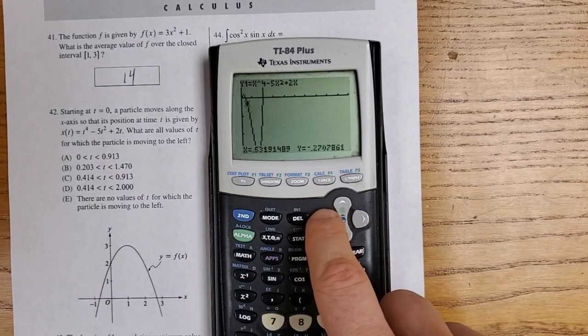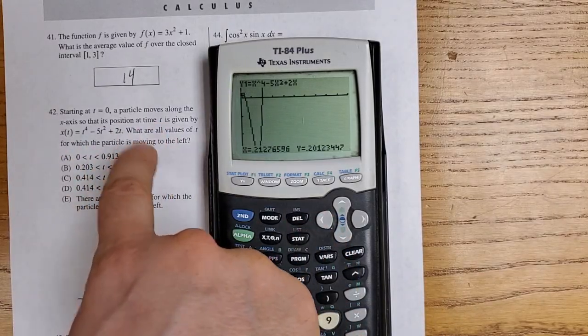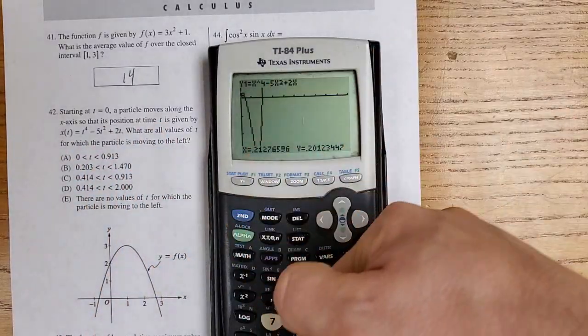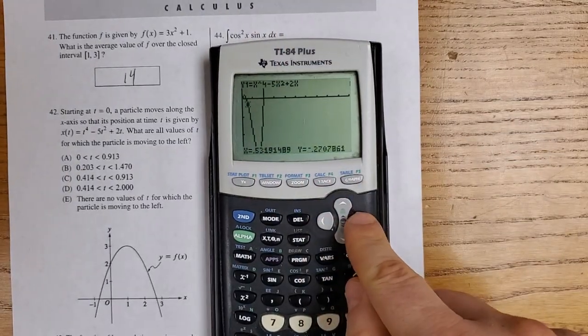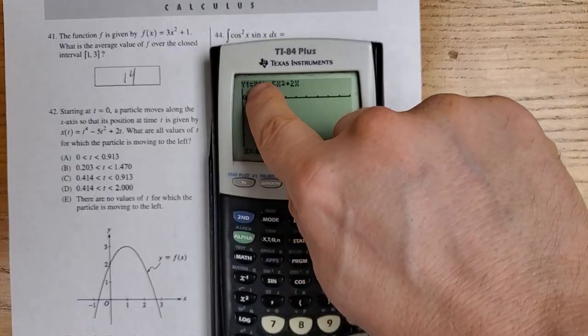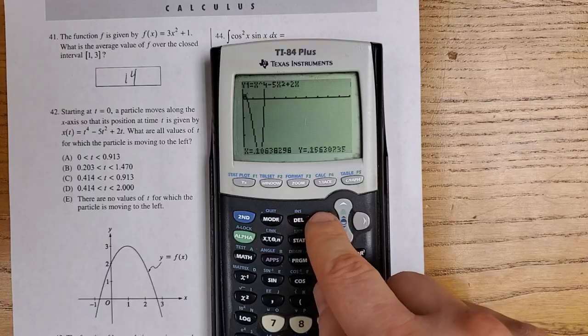And remember, it's asking us for what values of t the particle is moving to the left, moving in a negative direction, in this case, moving down. So we don't want to find the x-intercept, we actually want to find the top of that, the maxima. So where is the top of that peak?